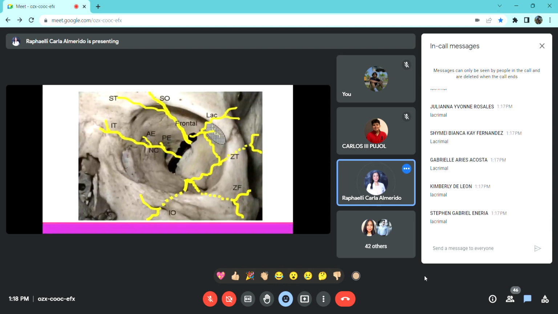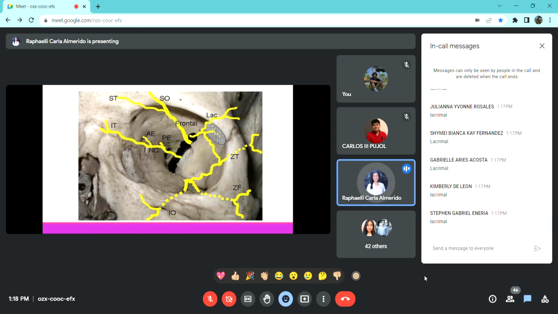Okay, so for the ophthalmic nerve or ophthalmic division, it enters the superior orbital fissure. Okay, so if you remember the anatomy of your skull on the orbital region, itong black region na to, yung pahaba, that you see on an anterior view is your superior orbital fissure.